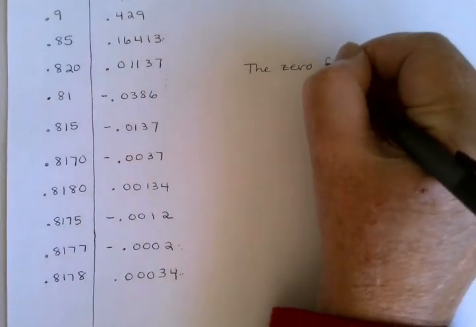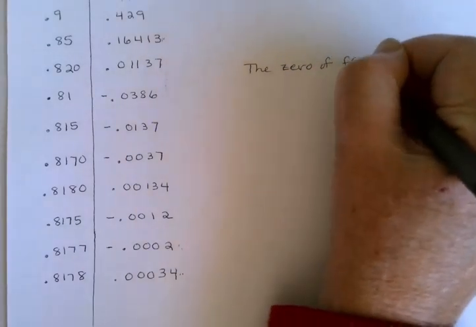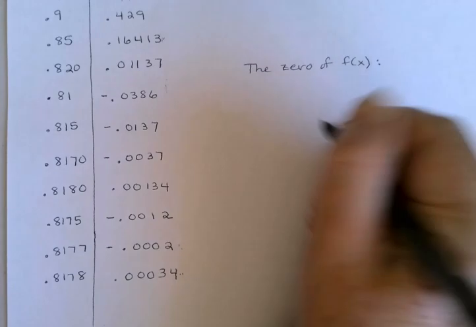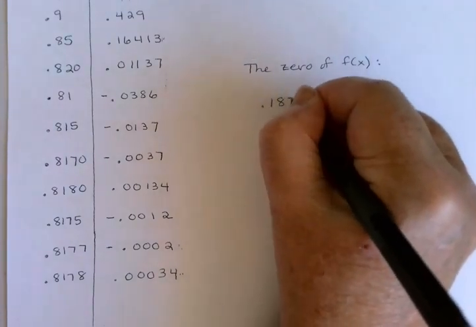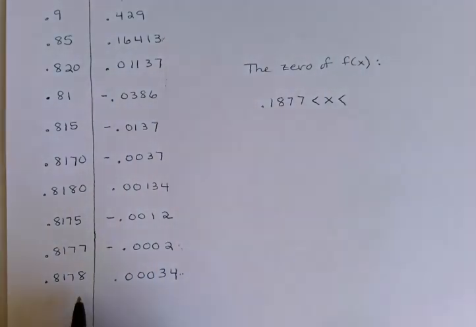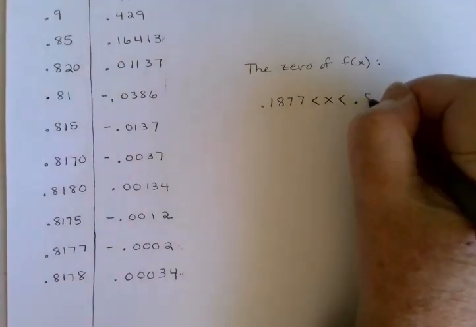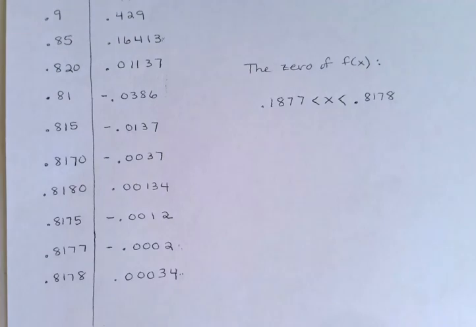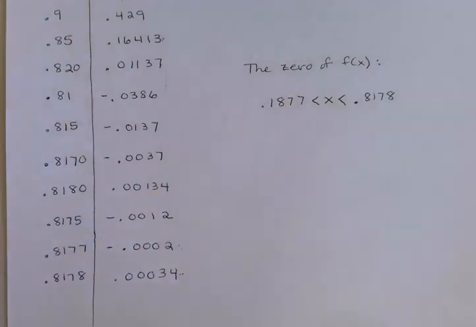So the 0 of f of x satisfies 0.8177 is less than the actual x value, and 0.8178 is larger than the actual x value. Oops, I reversed my digits there.